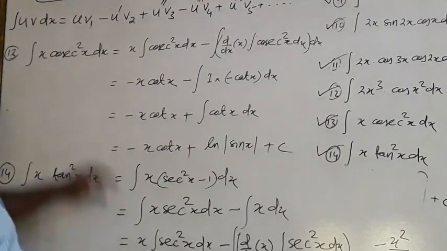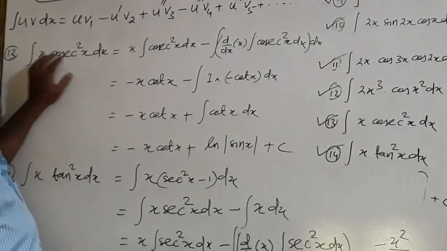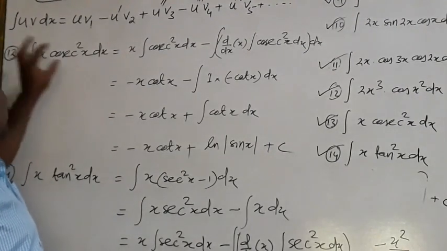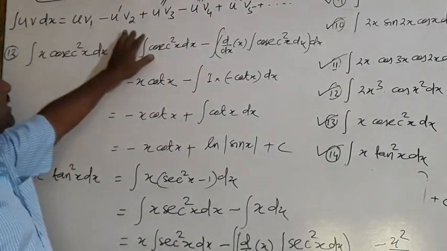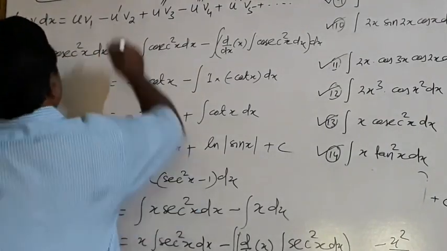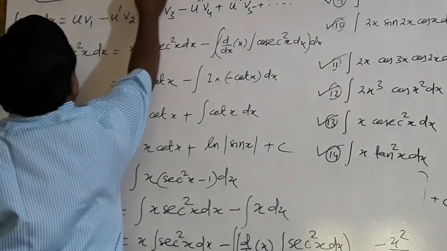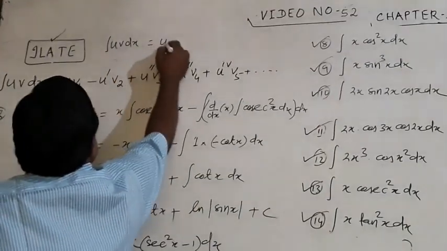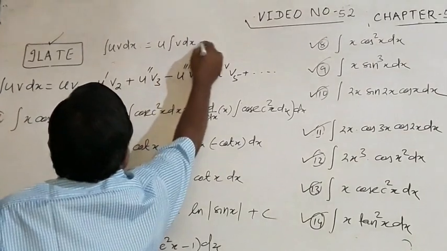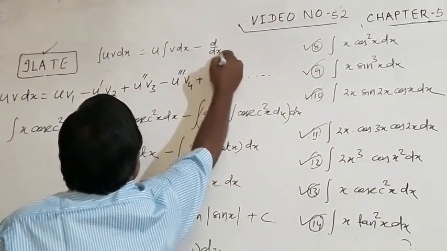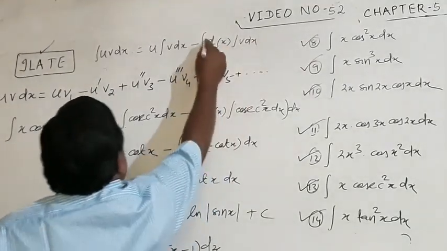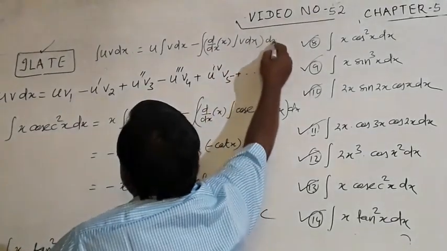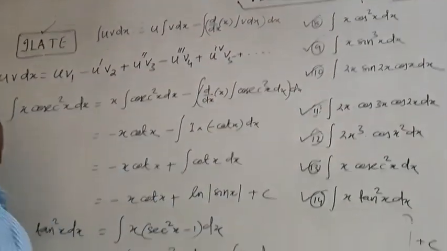Now look at this problem, x cosec squared x. You do this problem by this method, very simple, but not by applying the other formula. Apply the UV rule: first, integration of second, minus derivative of first, integration of second, whole integration. Apply cosec squared x as the second function.